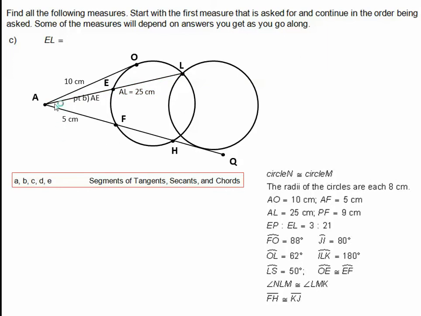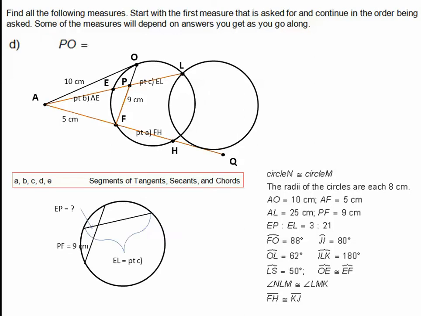Now, in part B, you found out what the measure of segment AE was. Now they want to find EL. Well, you know AL is 25, so there you go. You ought to be able to figure that one out. Now for part D, they want to know what is the measure of PO. So there again, you're still going to go through and read through that lesson and figure out how to work this problem. Okay?